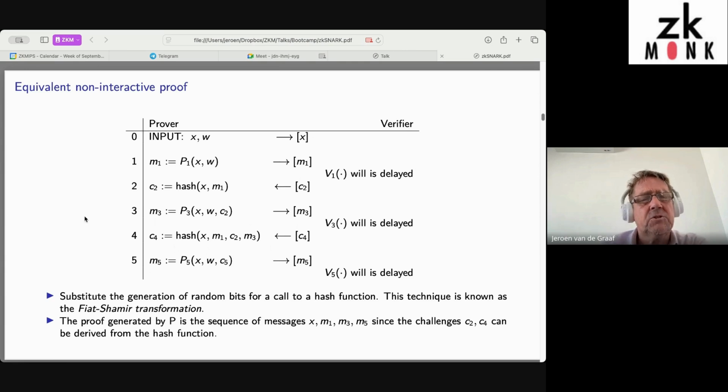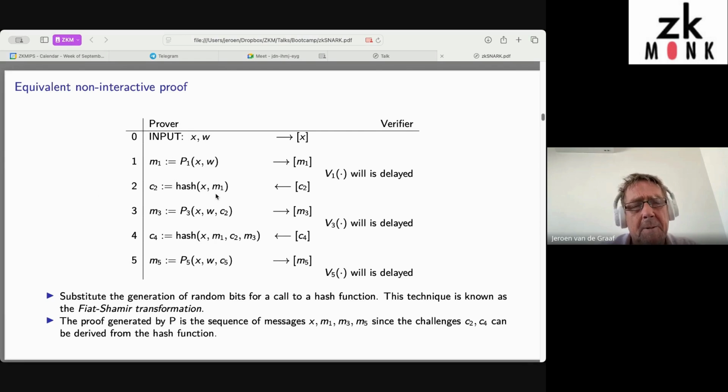And so, as I said, we substitute the generation of random bits for a call to a hash function, and this technique is known as the Fiat-Shamir transform. Sometimes people don't even say Fiat-Shamir, they say FS. So if you see this, now you know what that means. It means that instead of the prover talking in real time to a verifier, he is creating the randomness for himself.